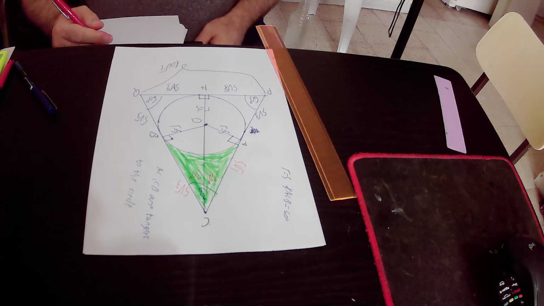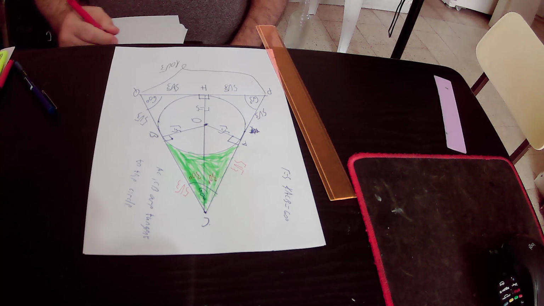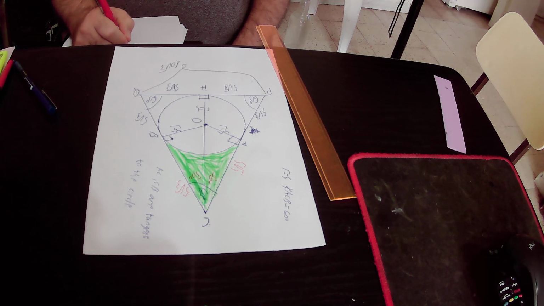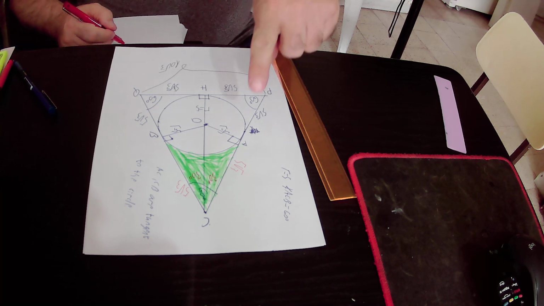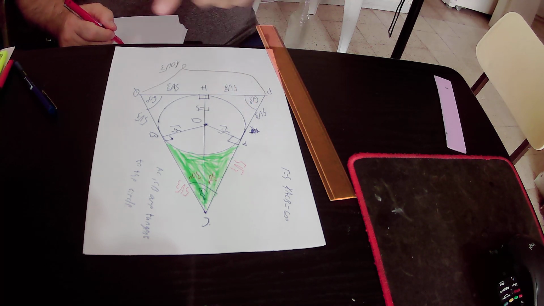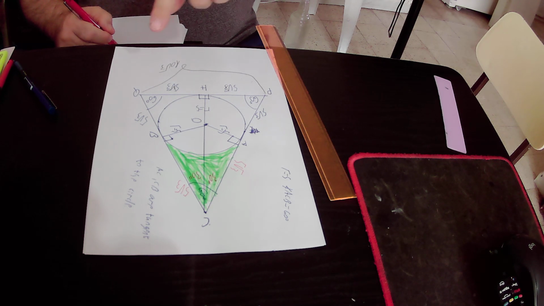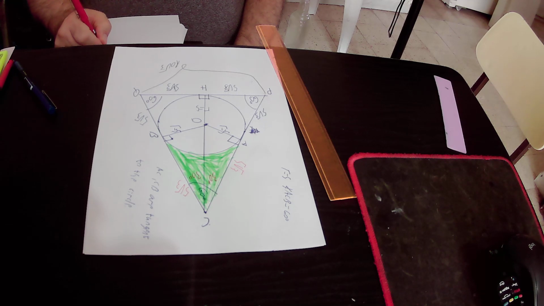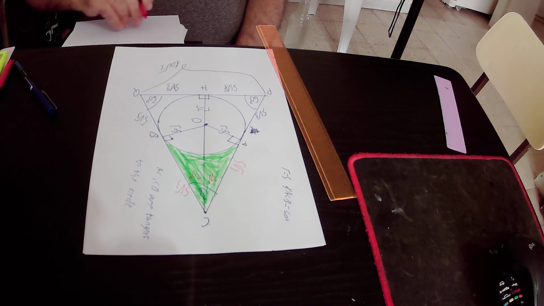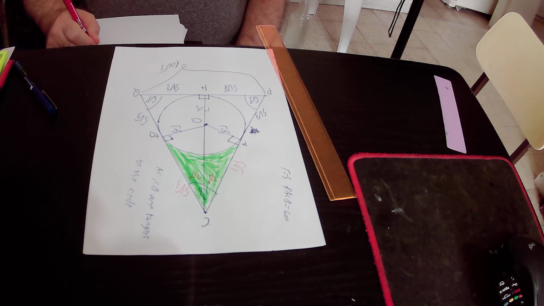So actually the area of equilateral triangle CPQ will be equal to 10 times root 3 squared, because CP equals CQ, so it is 10 times root 3 times 10 times root 3, which is 10 times root 3 squared, times sine 60 degrees, which is root 3 over 2, all divided by 2.